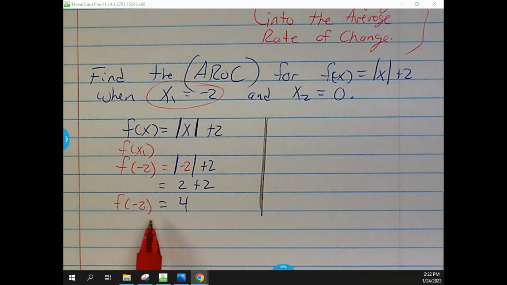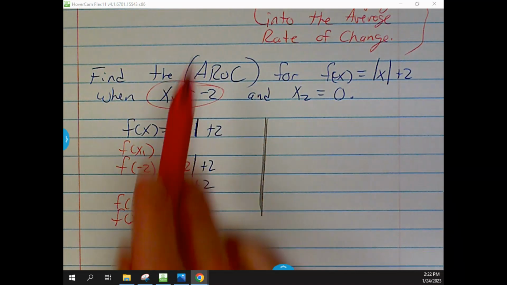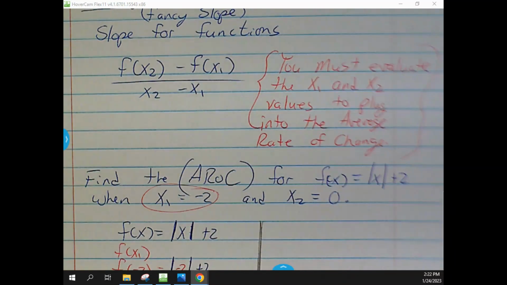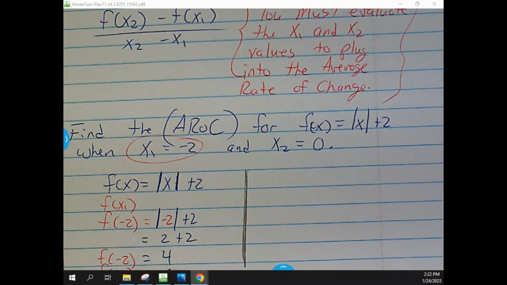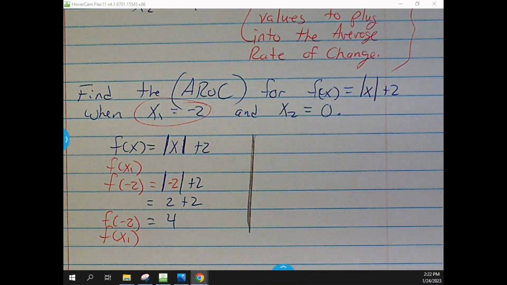So when we go back to this equation up here, where we've got f of x1 in this formula, we can take that number and replace it with 4. Okay, and we're going to do the same thing with the x2 value we've got.